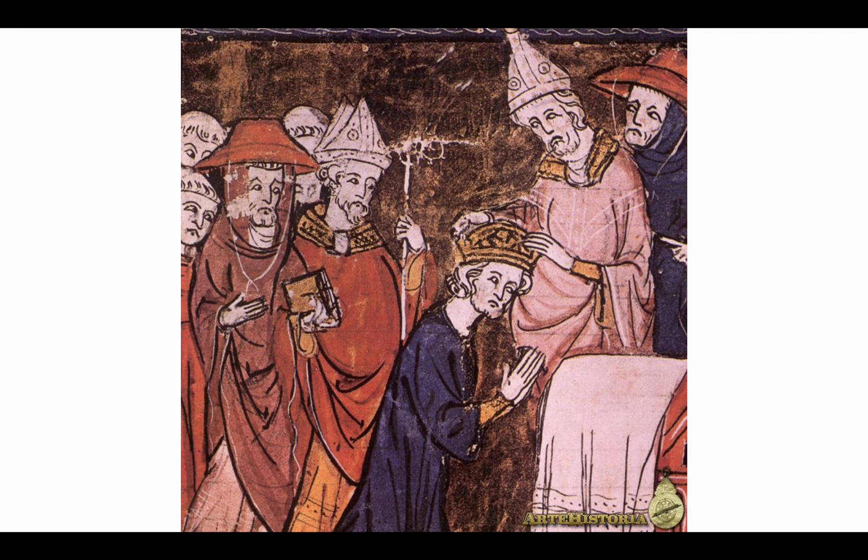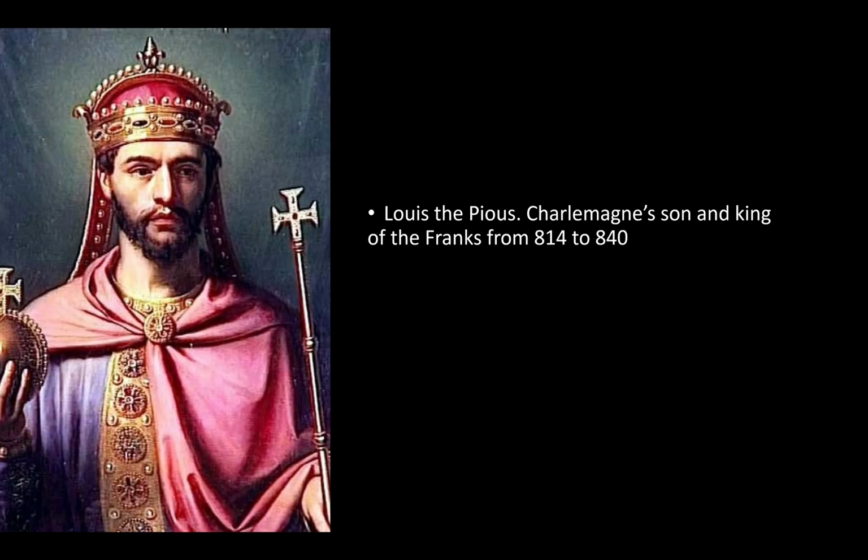So he was saying, yes, look, I am grateful to you, and I am crowning you as emperor of the Romans, but see, I still have this power to crown you as an emperor, okay? So you have to kneel before me, and then I crown you as an emperor of the Romans. Good? So that is another landmark in Charlemagne's career.